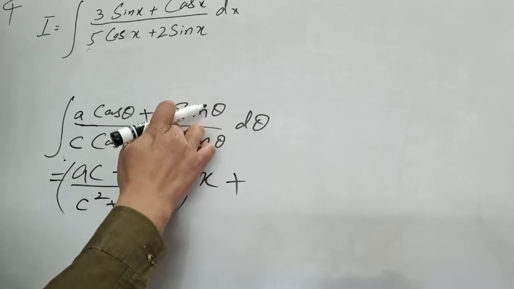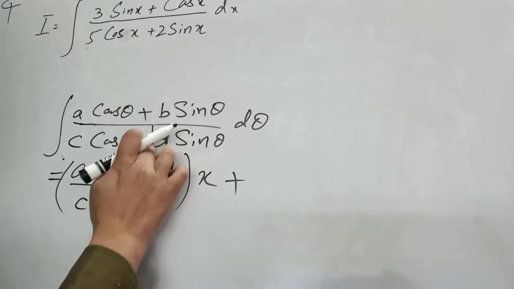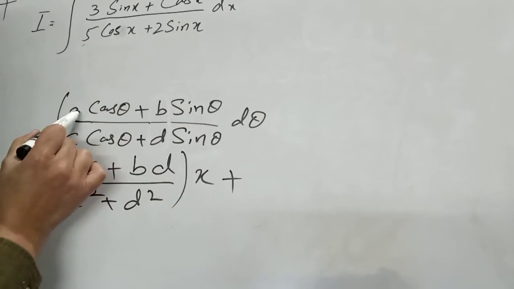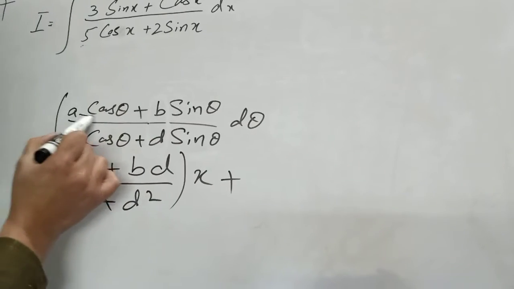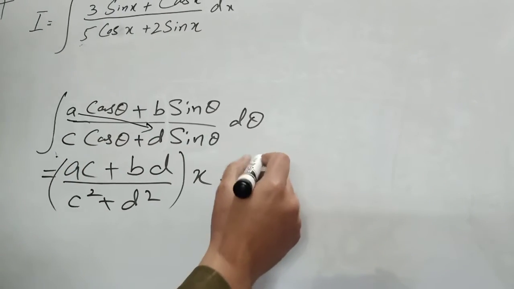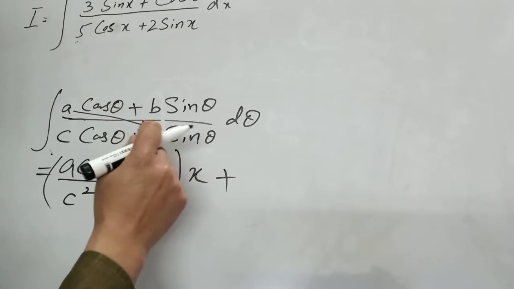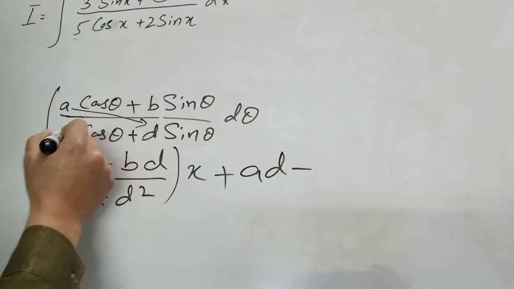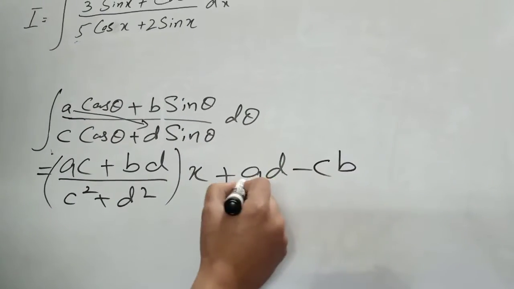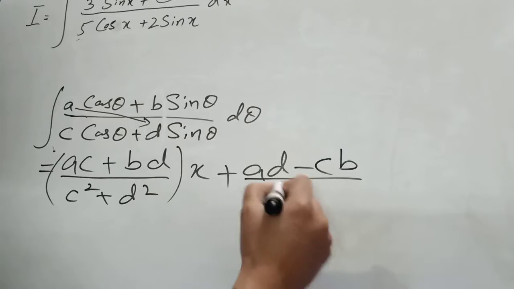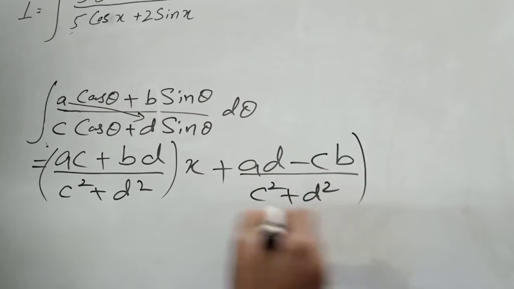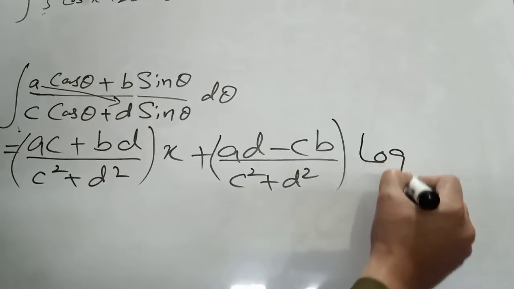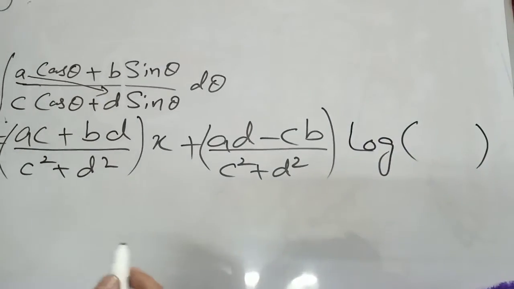Once you learn this formula, this question is very easily solvable in few seconds. Then you multiply the coefficients of these functions diagonally, like AD minus CB, and divide by c square plus d square, and then multiply this product by log of the denominator.